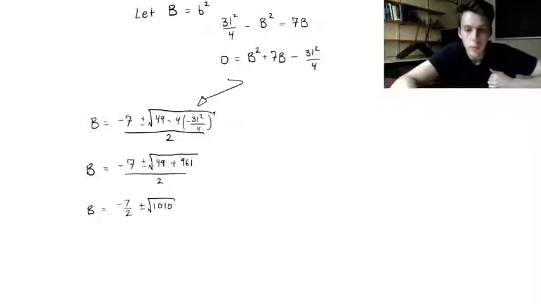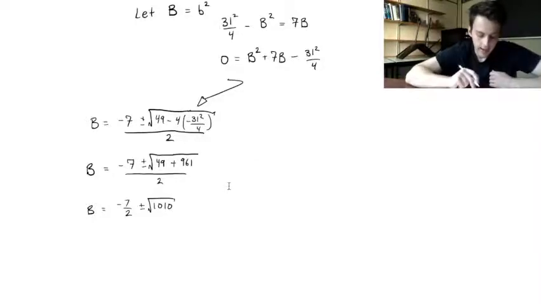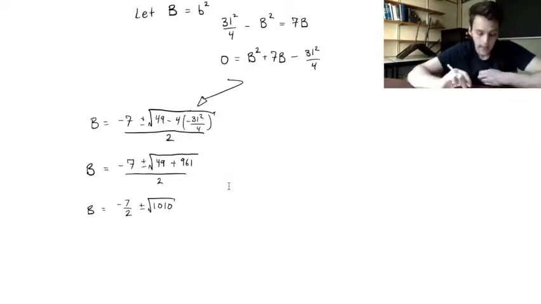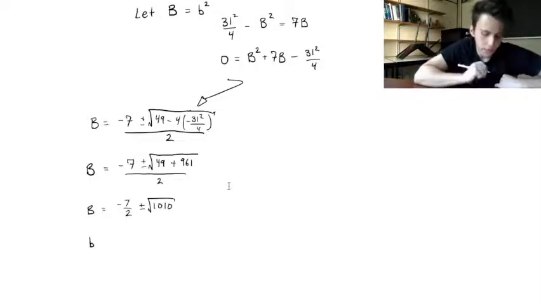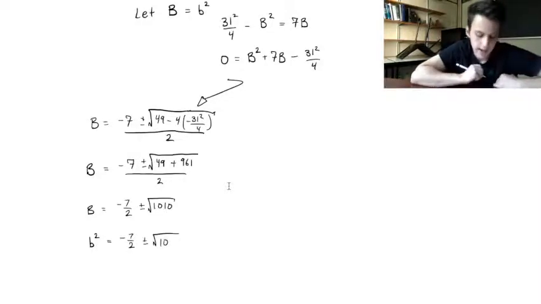Okay, so we are back with the solution to the quadratic equation, and you'll notice we've got two sets of answers because it's a quadratic. Remember, capital B is just little b squared. So this would be minus 7 over 2 plus or minus the square root of 10,010.